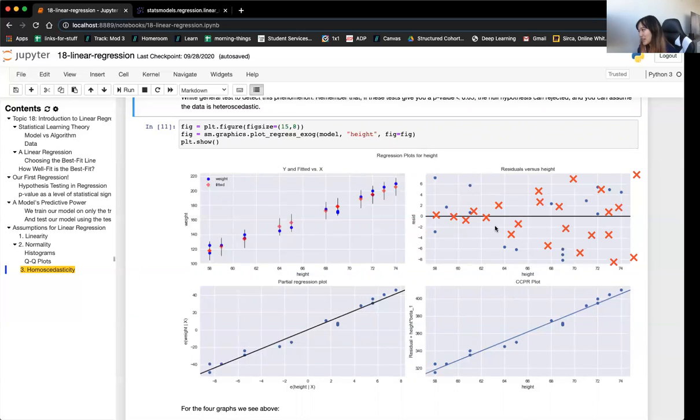But then as we get to greater heights, your model loses predictivity. So if you have heteroscedastic residual plots, that means that your model is not consistently good at predicting across the board. So that's why homoscedasticity is something else to look for.